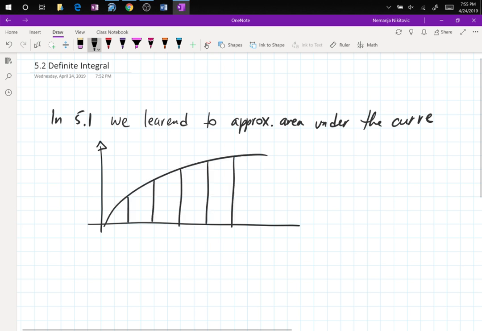Have a lot of error. So let's use right side and have these.